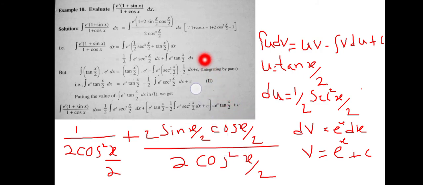So, by simplifying the question and solving it by following the essential steps and using the formula for integration by parts, we have a very simple answer: e raised to the power x tangent x/2 plus c. I hope you have understood the example.